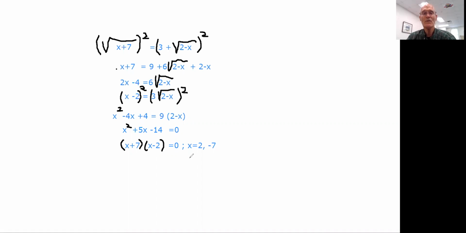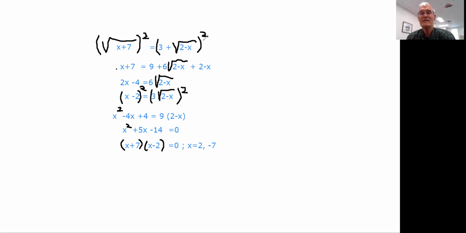Now what you have to do here is go back to the original equation up there and check these answers, because you've squared this thing twice, and the chance of you getting a bad answer is very good. So if I put 2 back in here, 2 goes in for x. So 2 plus 7 is 9, and the square root of 9 is 3.